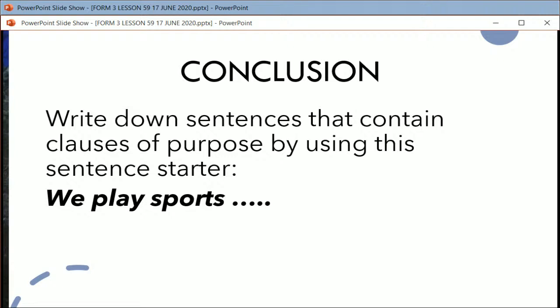We play sports. To occupy our time, for example, we play sports to occupy our time. We play sports to be active, right? So what other way can you say it? Using clauses of purpose. You can refer to your textbook, page 78.